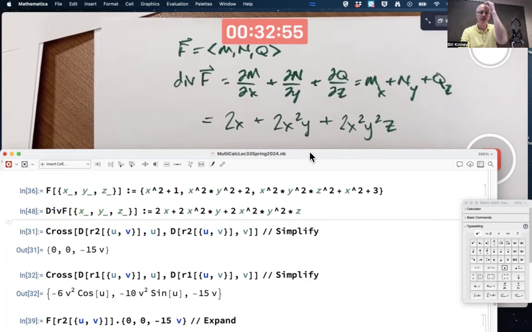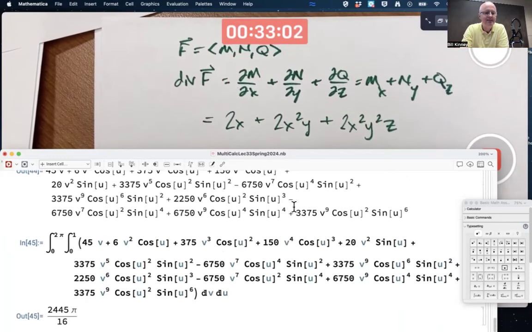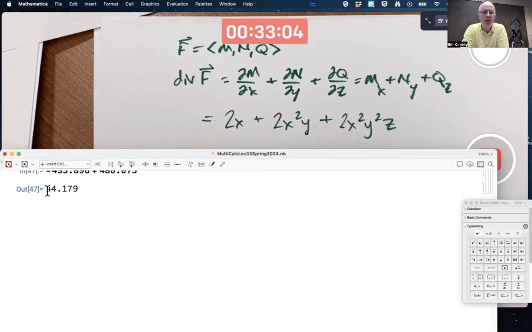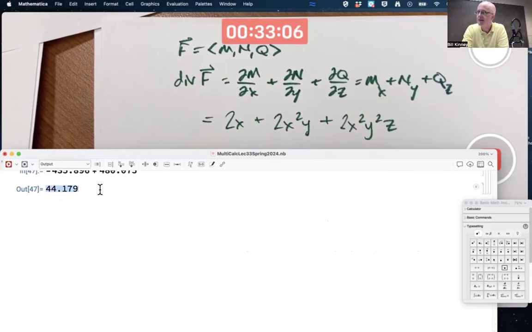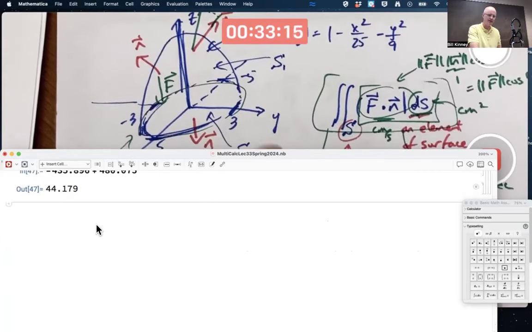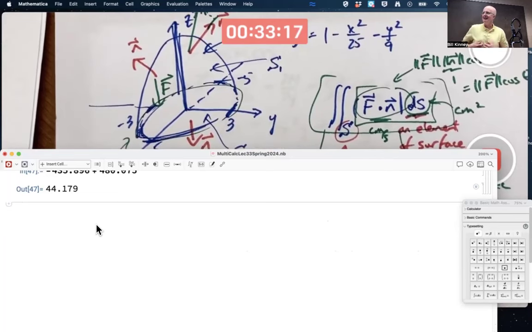So if I do a triple integral of that function over the entire three-dimensional solid, I should get 44.179. Triple integral over this thing. Let's try it in rectangular coordinates, and let's also try it in maybe cylindrical coordinates and see if we get the same thing, just for extra practice with those too.